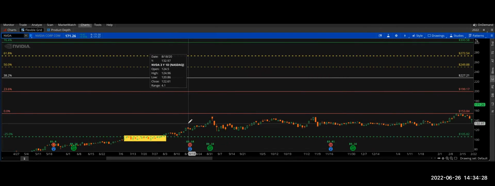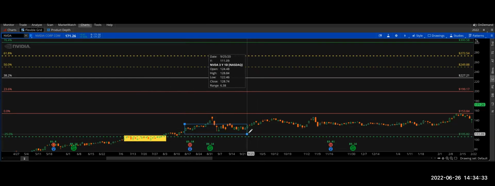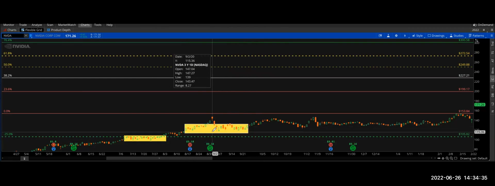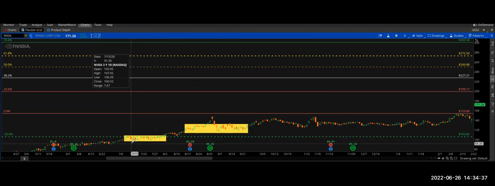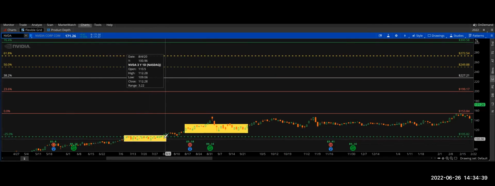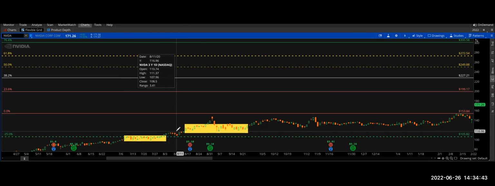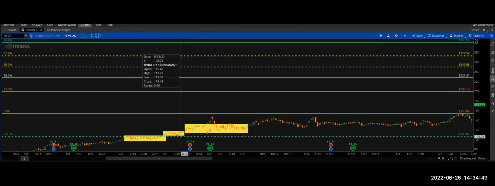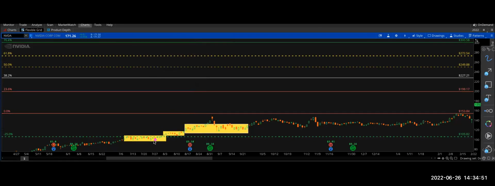So look, congestion, right? There was resistance for over a month. Then it broke out. That's consolidation, right? But look at this. What is NVIDIA doing? NVIDIA is taking a leg up.